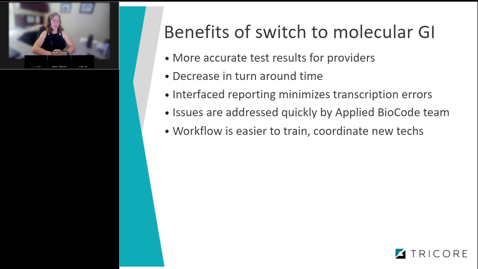When we do have issues with the platform, they've been very quickly addressed by the Applied BioCode team, so we are very happy with their troubleshooting and support that they provide. And then the workflow is easier to train than O&P exam and easier to coordinate with new technologists.